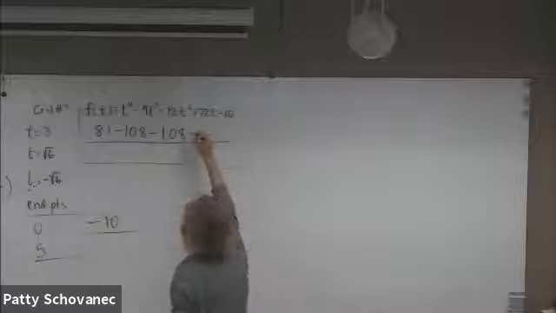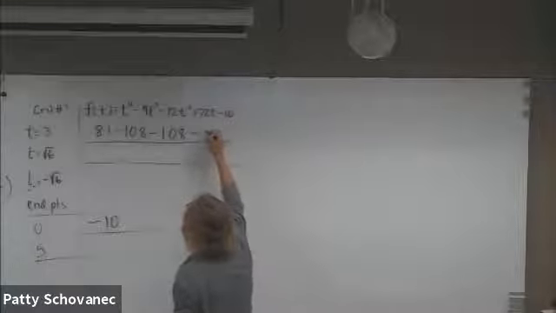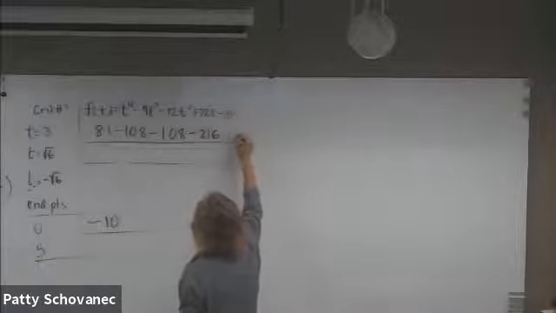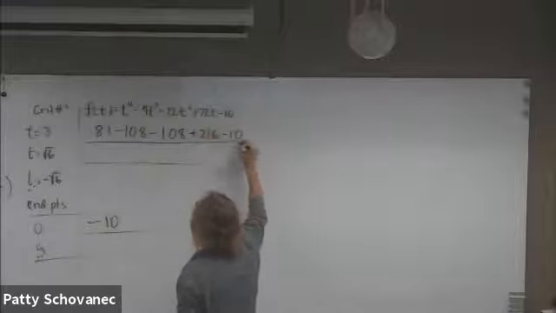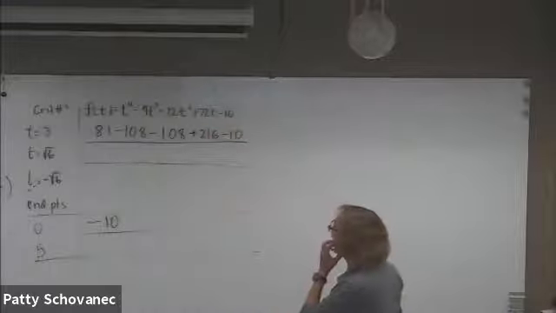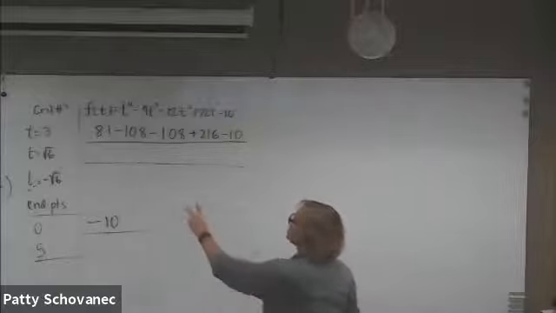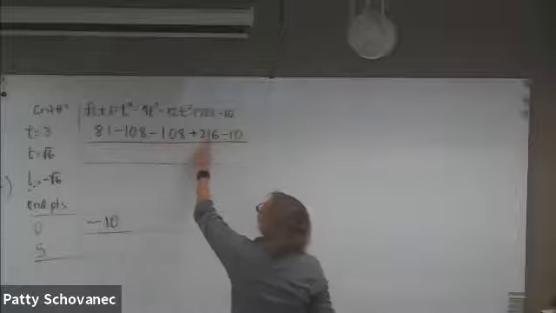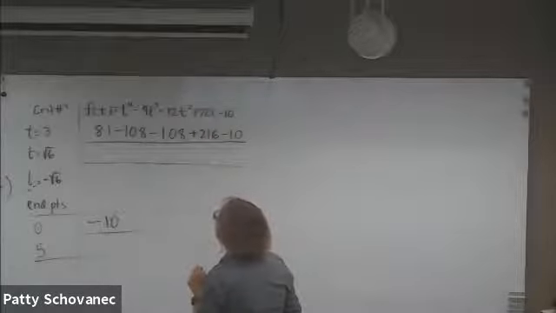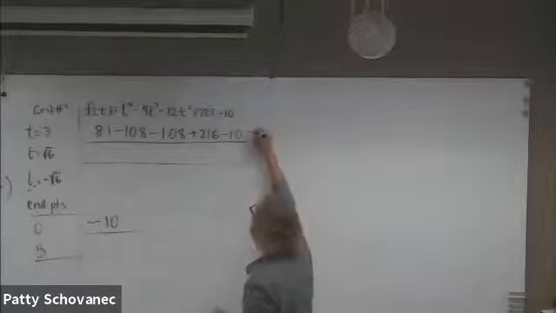Then 72 times 3 is 216. So let's see. Look, there's 216. Life is good. 81 minus 10 is 71.